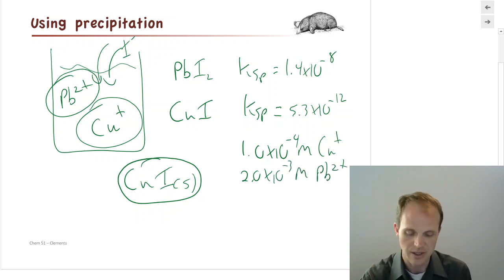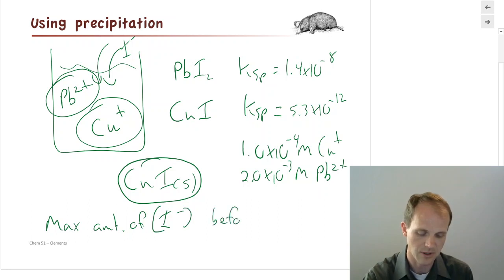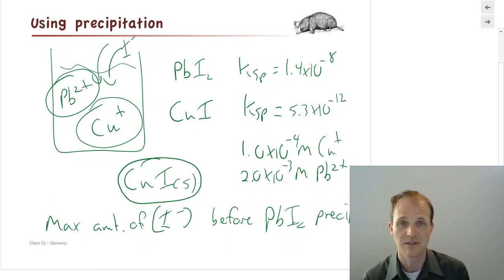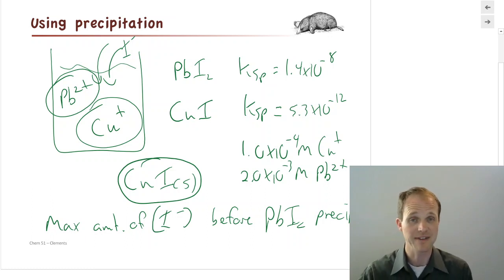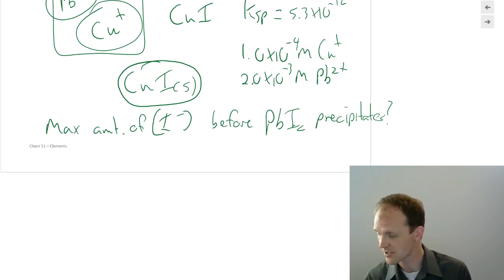We want to know what is the maximum amount of iodide concentration before the lead 2 iodide precipitates. Right, so we can add up to that, and we'll notice that the copper iodide precipitates. And we're going to answer a question that wasn't asked here along the way. Let's figure out when the copper iodide first starts to precipitate.